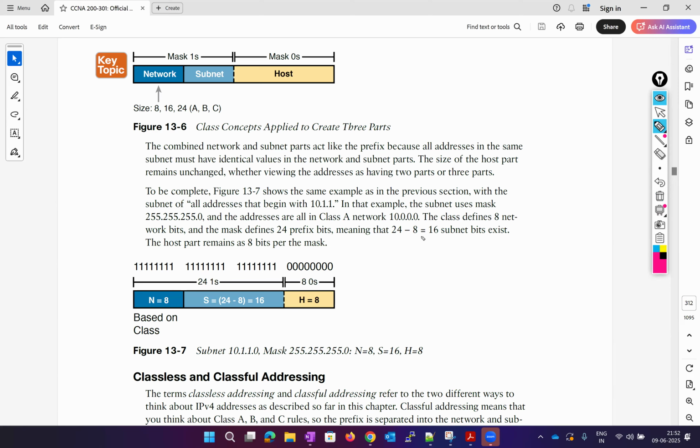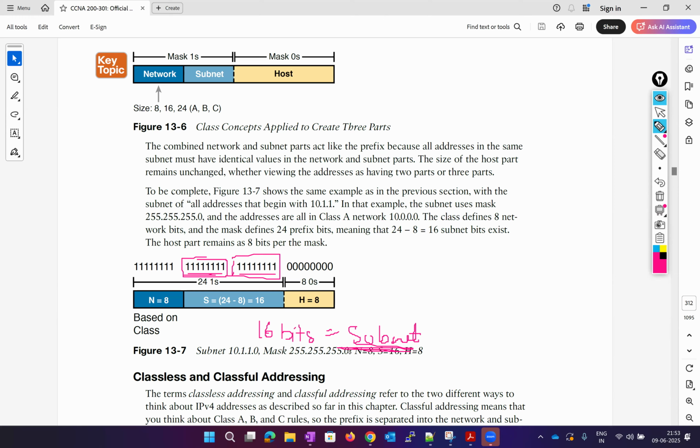How many zeros did we borrow from the default address mask of class A? We borrowed 16 zeros and converted them into ones. So you have 16 bits of subnet.